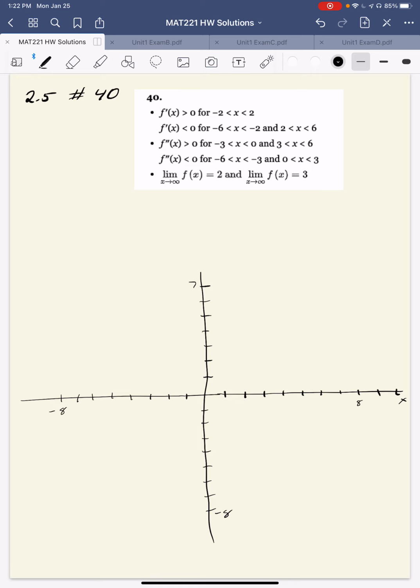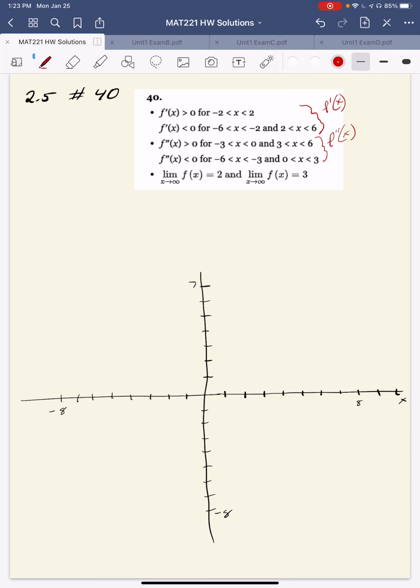by piece. So the first two lines, or the first bullet, gives us information about the first derivative of the function. The second two lines give us some information about the second derivative of the function.